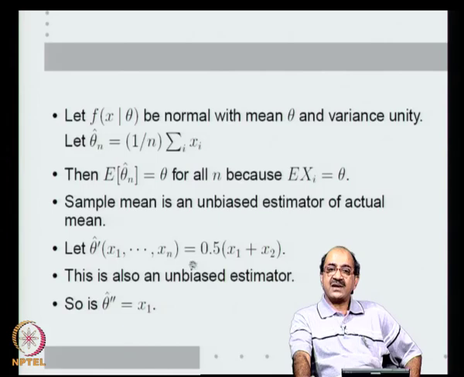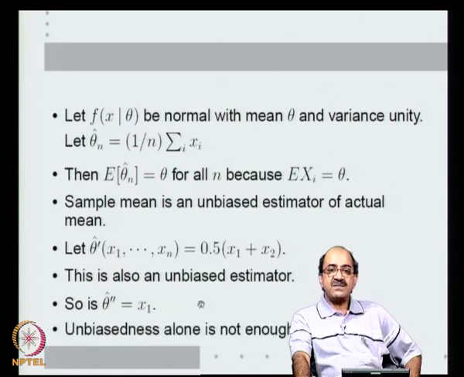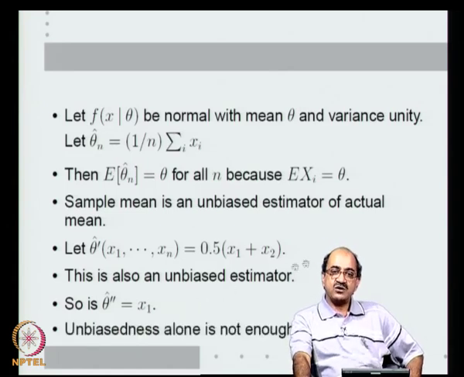It is always unbiased. So, all 3 estimates, theta hat, theta prime hat and theta double prime hat, are unbiased. So, saying an estimate is unbiased is not enough, right. It does not really tell me whether the estimate is good or not.